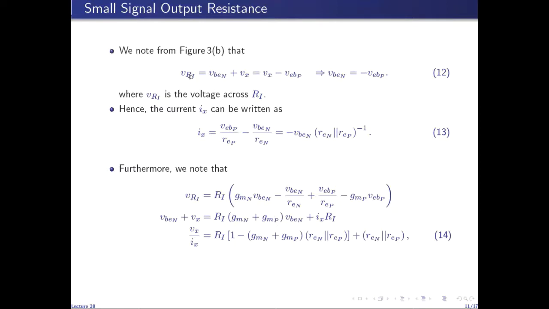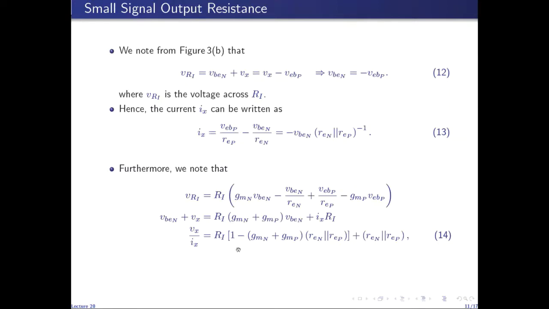Furthermore, I can replace VRI with VBEN plus Vx. So now I can use this expression to write VBEN as Ix times the parallel combination minus Ix times the parallel combination. And then I can collect the Ix terms on one side, Vx on the other, and find the ratio Vx over Ix, which will be, after some simplification, equal to this expression.